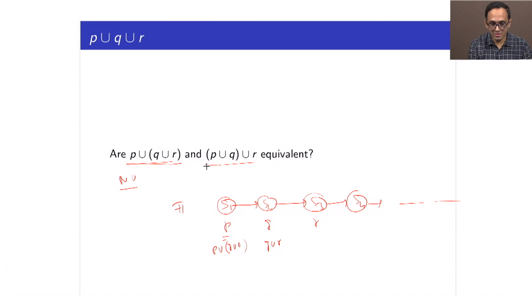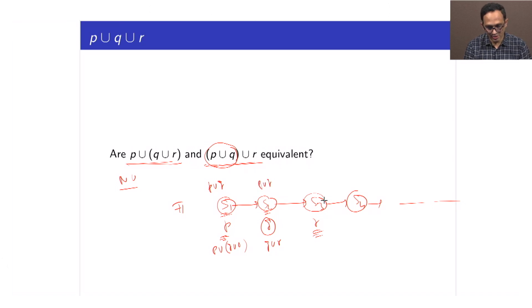But for the other property, in all the states before r holds, p until q should hold. In this state r holds. So I have to make sure that in S1 and S2, in both states, p until q holds. Does p until q hold here? Yes, because q holds here. Now in this state, p until q holds, yes, q holds here. So p until q holds and then r holds here.